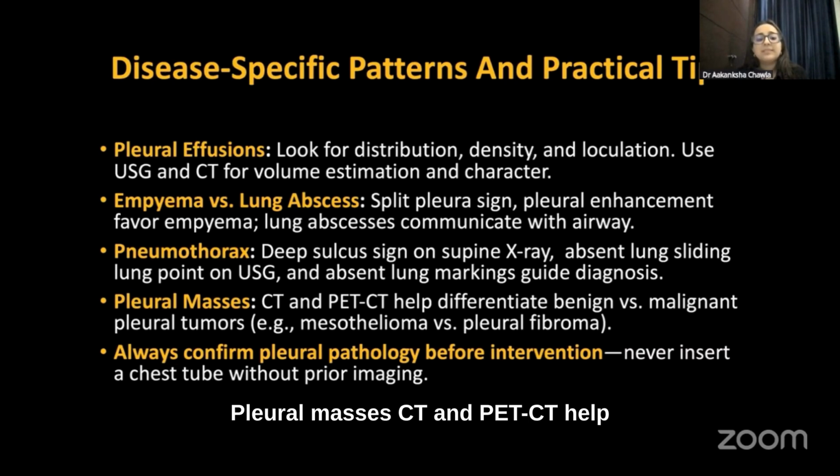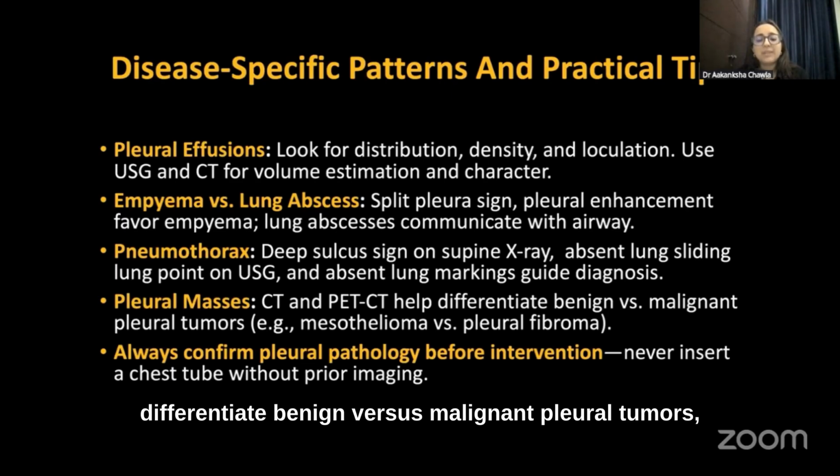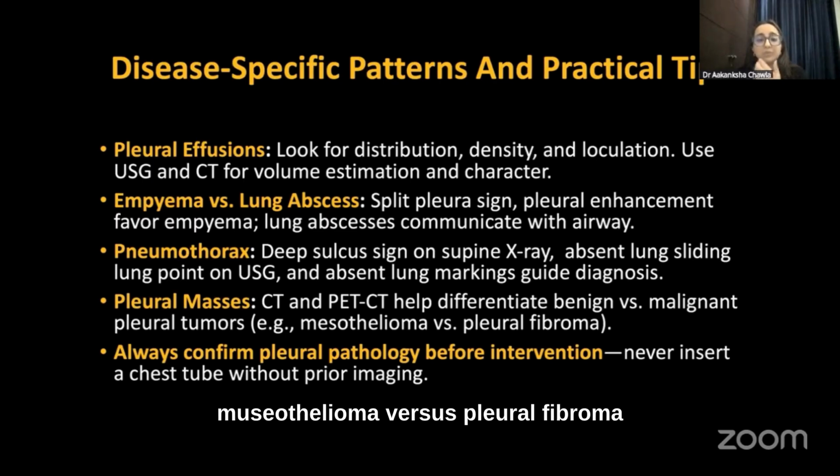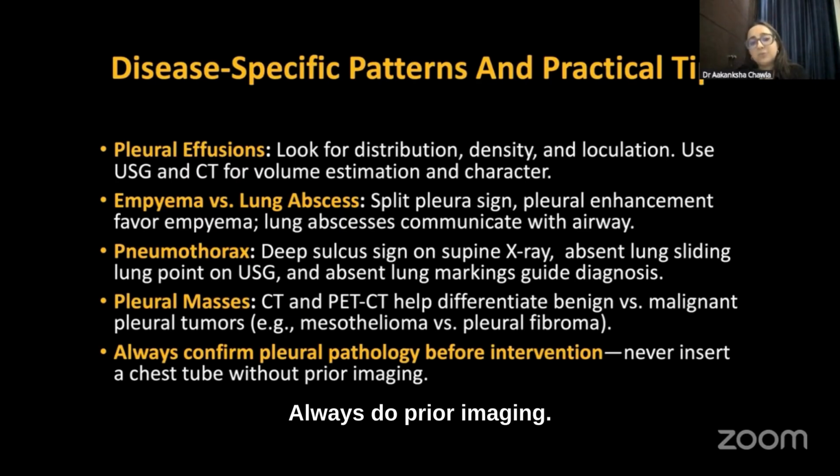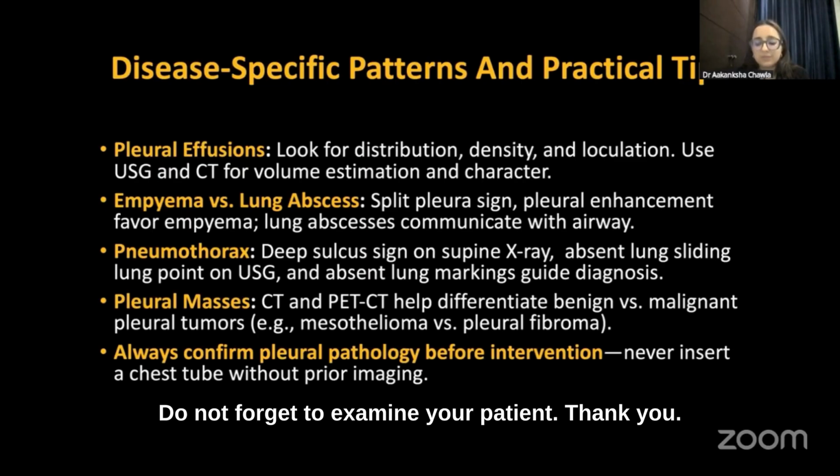Pleural masses: CT and PET CT help differentiate benign versus malignant pleural tumors, mesothelioma versus pleural fibroma, and always confirm pleural pathology before intervention. Never be in a hurry to just put in a chest tube. Always do prior imaging. If you have ultrasound available, quickly put an ultrasound and evaluate your patient. Always clinically correlate. Always examine the patient. Do not forget to examine your patient. Thank you.